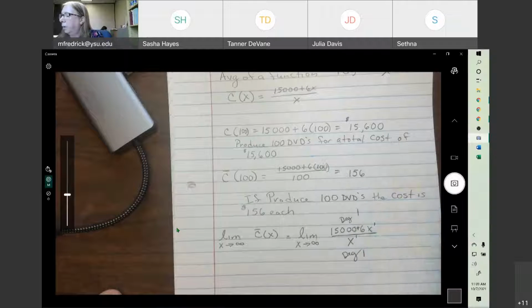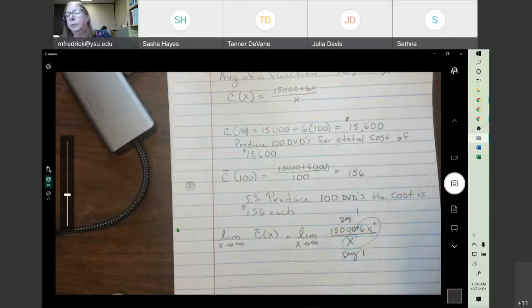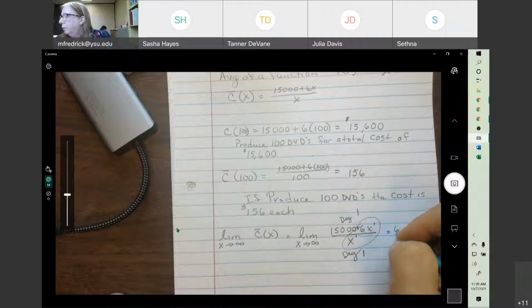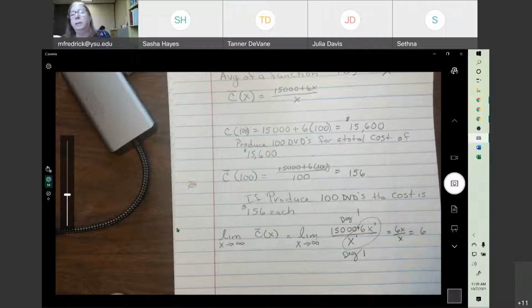When the degree on the top and the bottom are the same, we can just use the two largest degree terms and reduce them. The x's cancel, so it's $6.